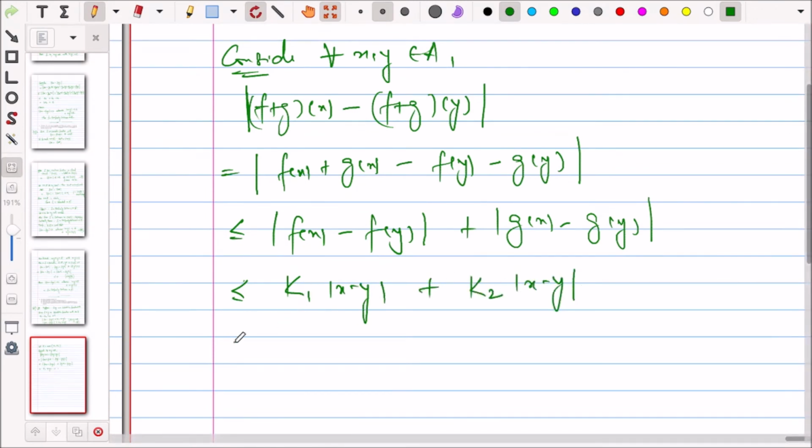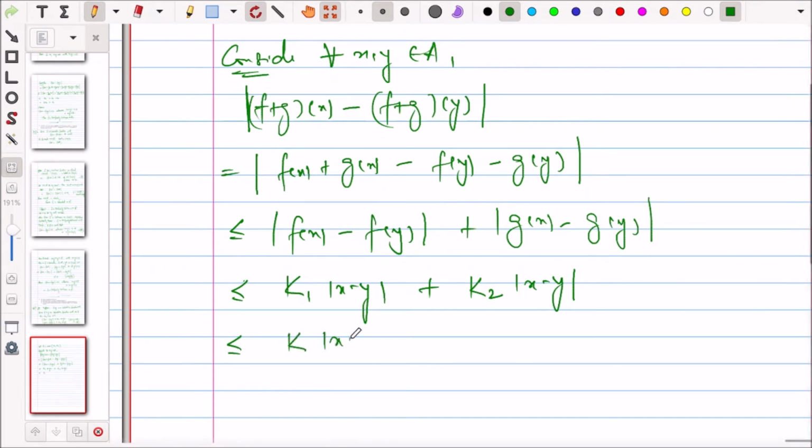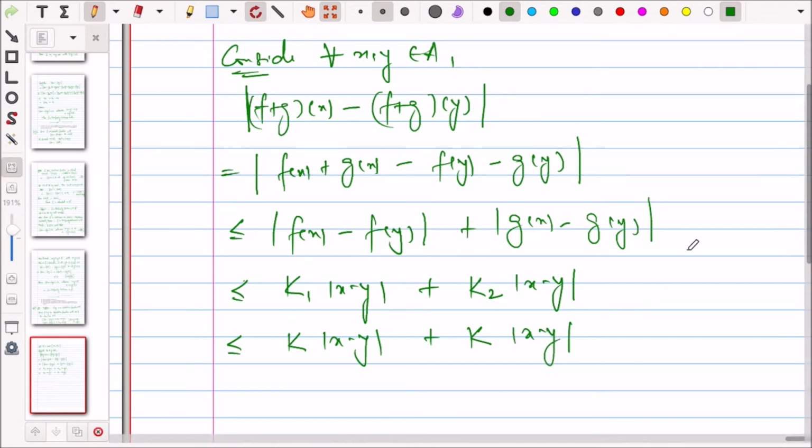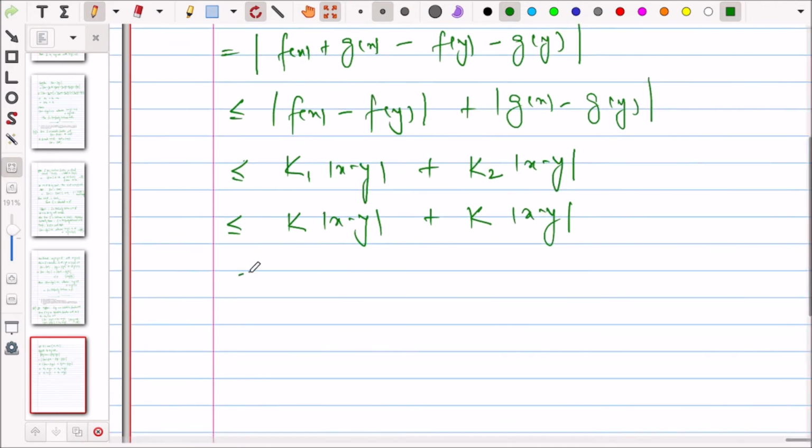Replacing both, this is less than or equal to k plus k times |x minus y|, which is equal to 2k times |x minus y|. So we are able to get that this is a Lipschitz function.